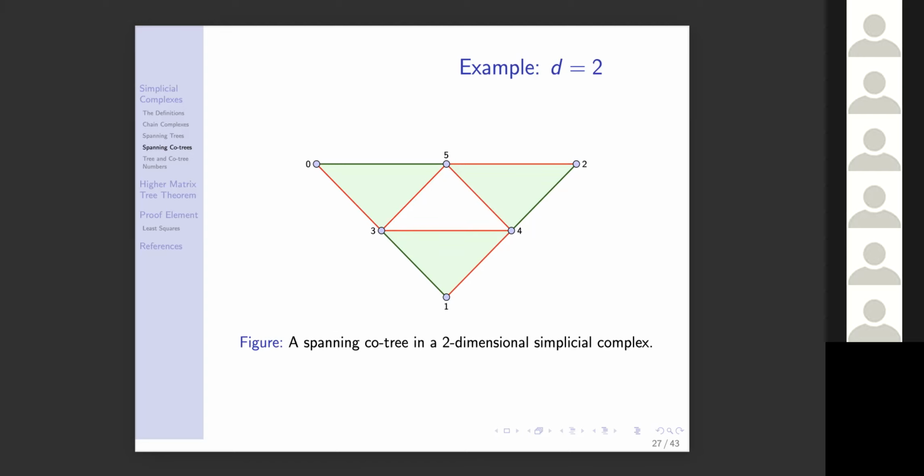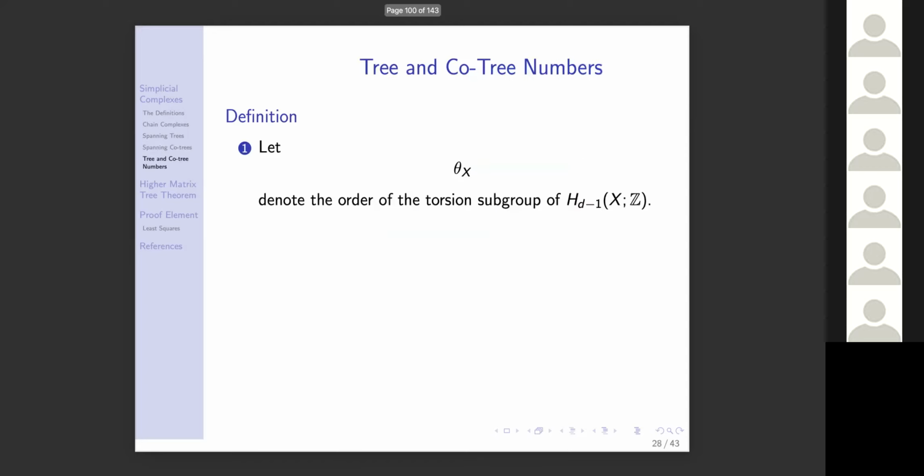There's no edge labeled 0, 5, 1, 3, or 2, 4. And so here it is. This actually turns out to be a spanning cotree. You can check the conditions that it actually is. Its one-dimensional homology agrees with that of the original picture, but that's a computation. Okay, so there you go.